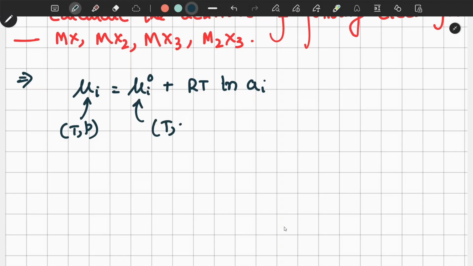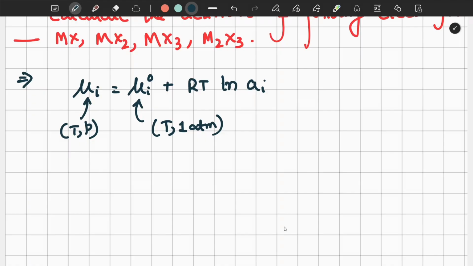Any temperature but 1 atm pressure? Standard condition. In standard condition, temperature is also fixed. This is the standard pressure, pure condition. Pure is okay, there is no mixture, that's why only the i species is there.